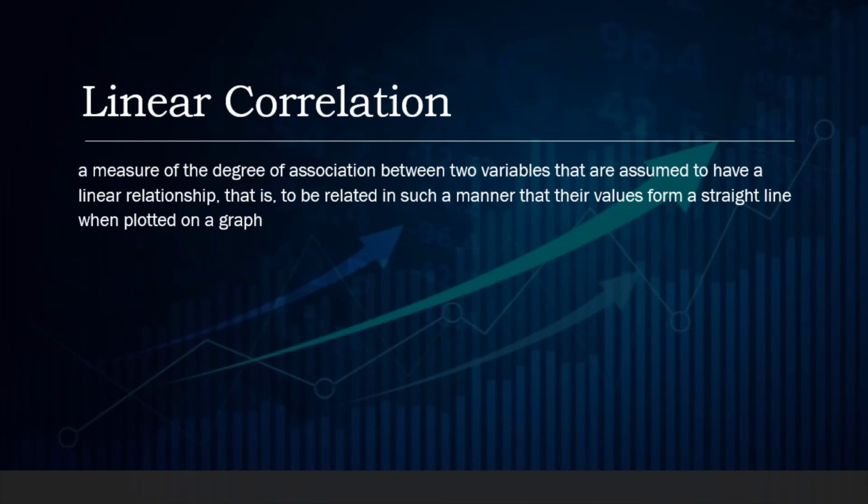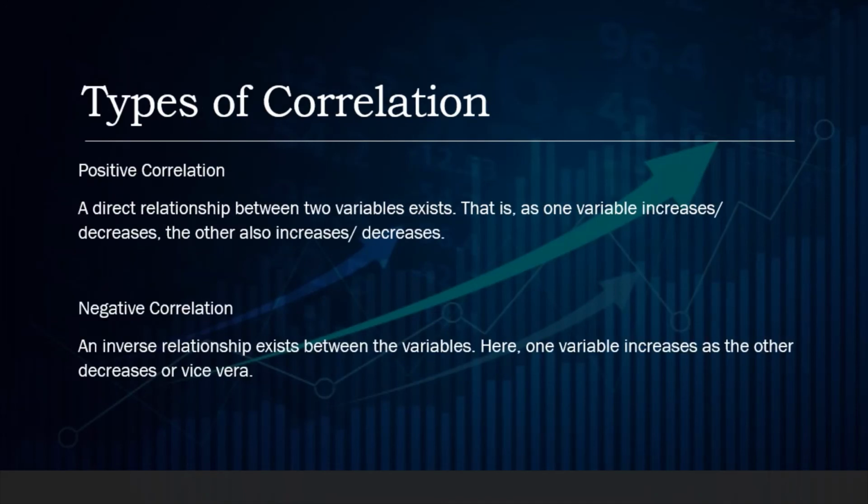In general, correlation tends to be used when there is no identified response variable. It measures the strength, qualitatively, and direction of the linear relationship between two or more variables. Types of correlation. Number one, positive correlation. A direct relationship between two variables exists. That is, as one variable increases or decreases, the other also increases or decreases.